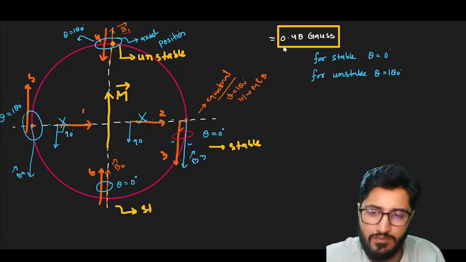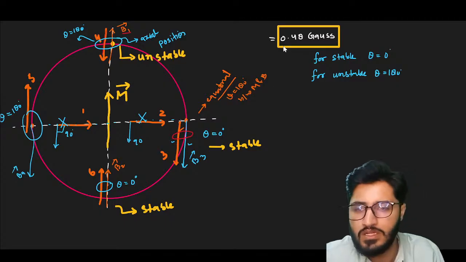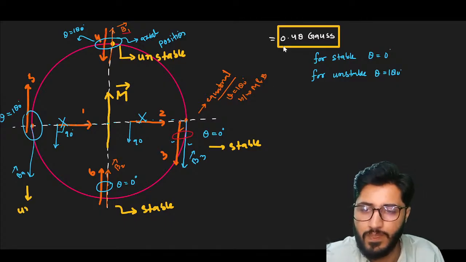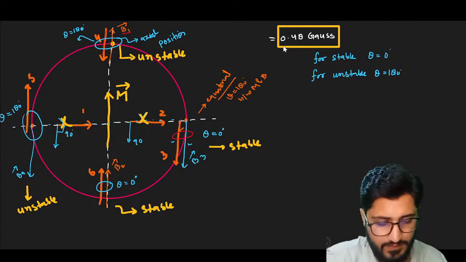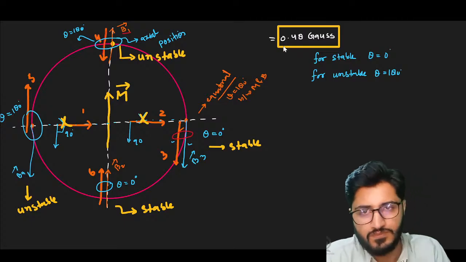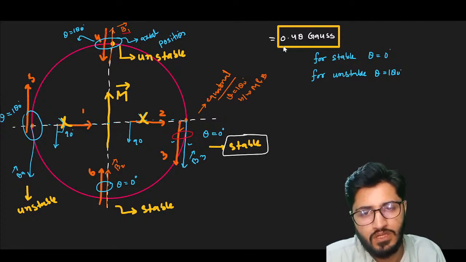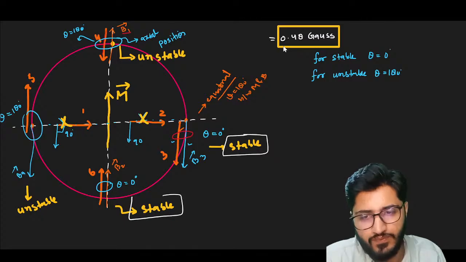This one is stable. This one is unstable. These two are not in any equilibrium. Done? Clear now?